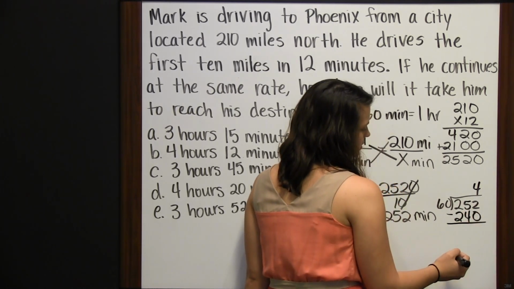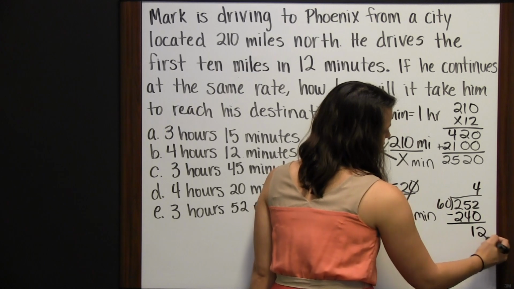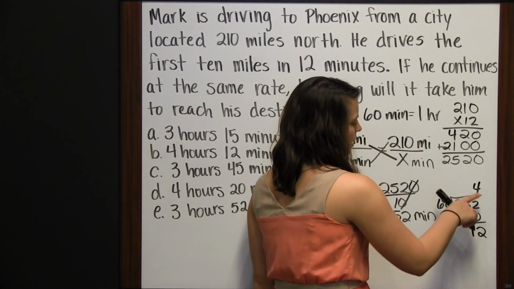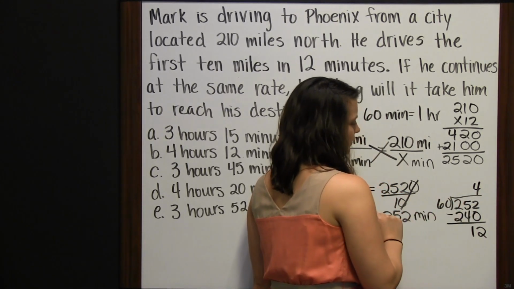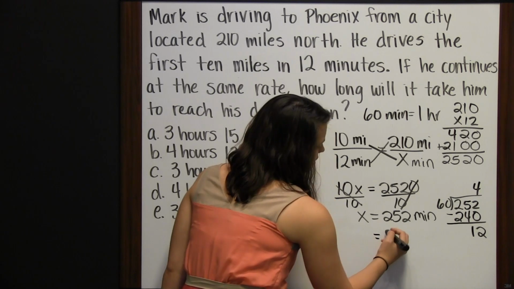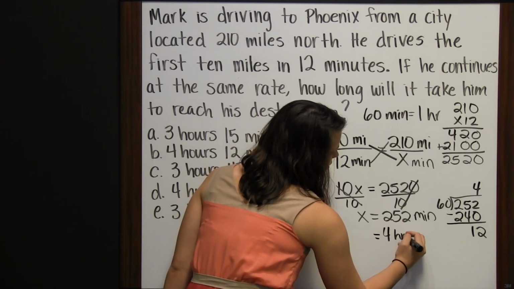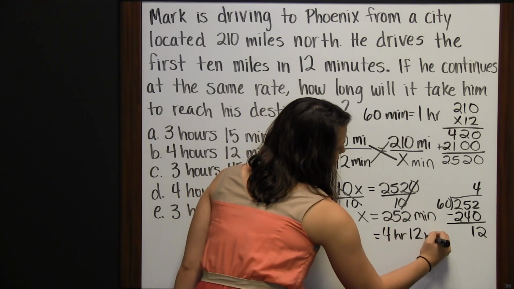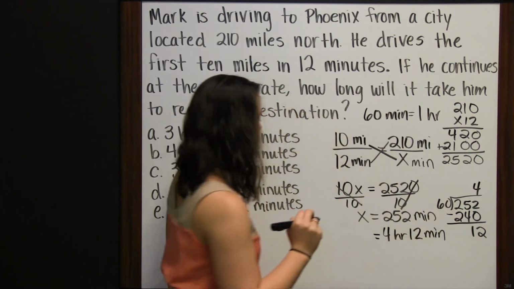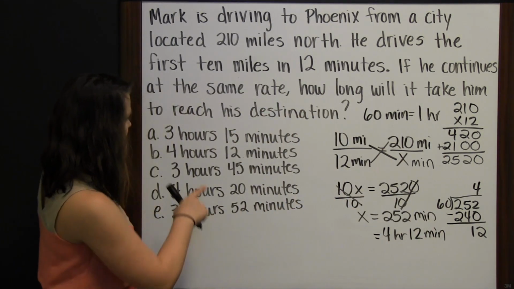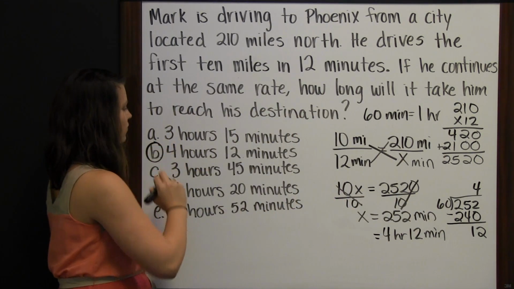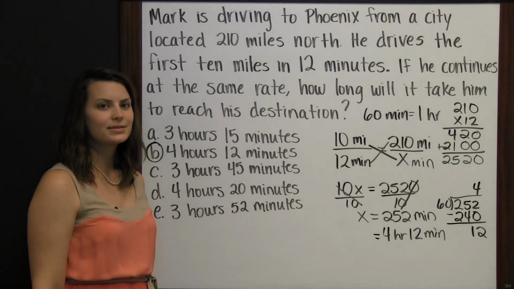We subtract, and we get 12 that's left over. So that means 252 minutes is 4 hours and 12 minutes left over. So that is answer choice B, 4 hours and 12 minutes.